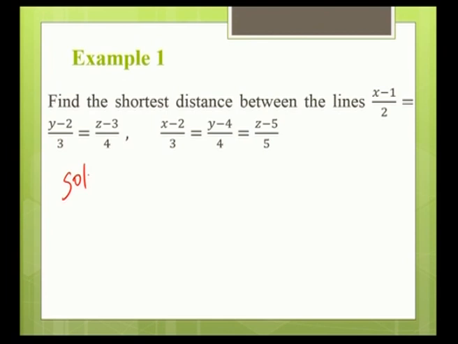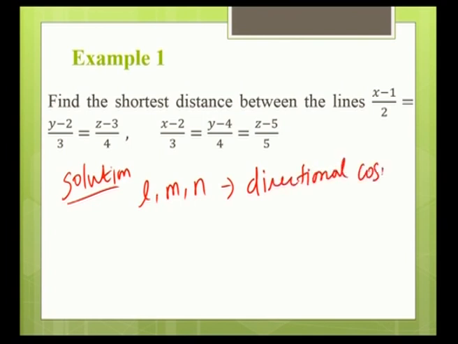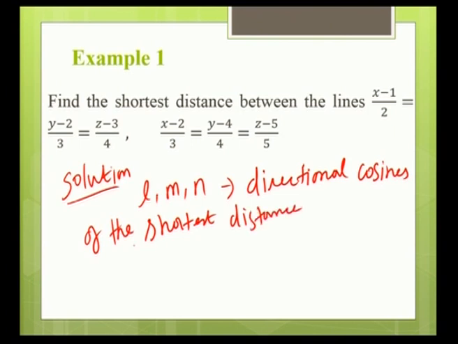The solution to this problem can be obtained by first taking the direction cosines. Let l, m, n be the direction cosines of the shortest distance. Then the shortest distance is perpendicular to both the lines.